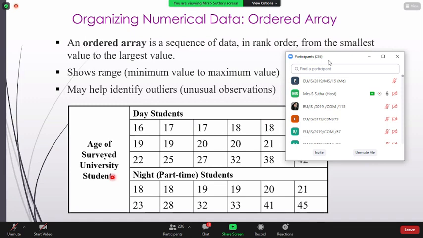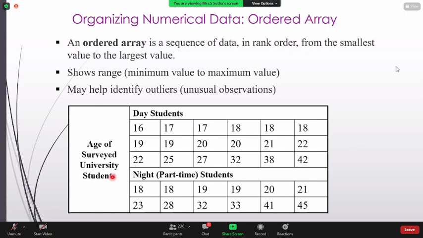Then whether it is a discrete variable or continuous variable. Continuous. Why is it continuous?